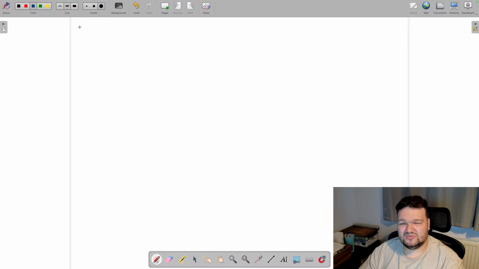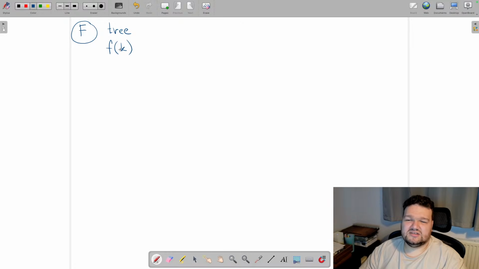Okay, let's move on to problem F. In problem F, we were given a tree. Then we define the function f of k as follows. We choose some k edges to mark.